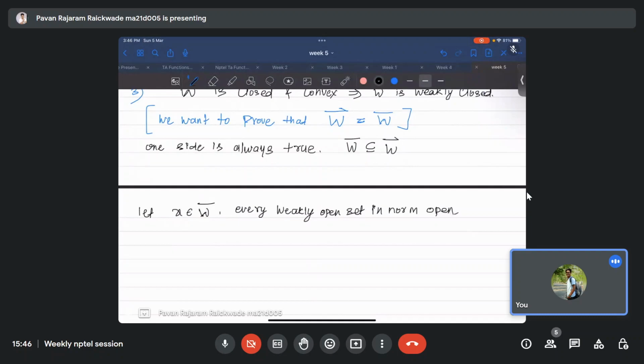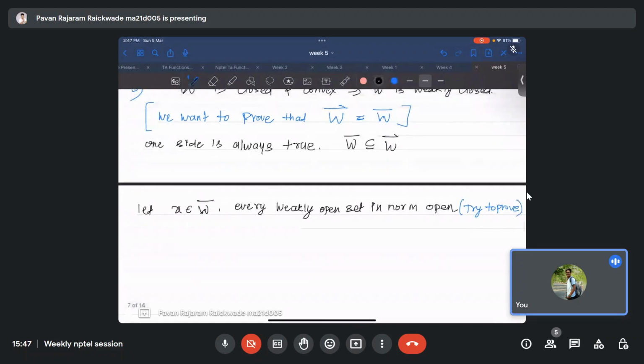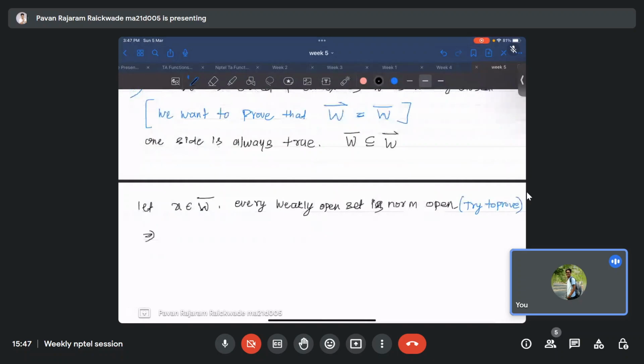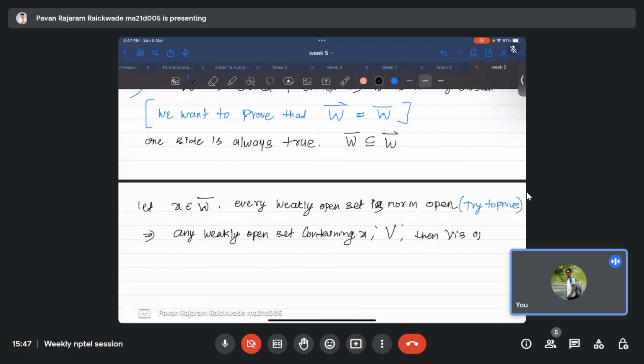You can try to prove this; it is very simple, and in fact I'll prove it in some later question. So if you take any weakly open set V containing x, V is open in the norm also.